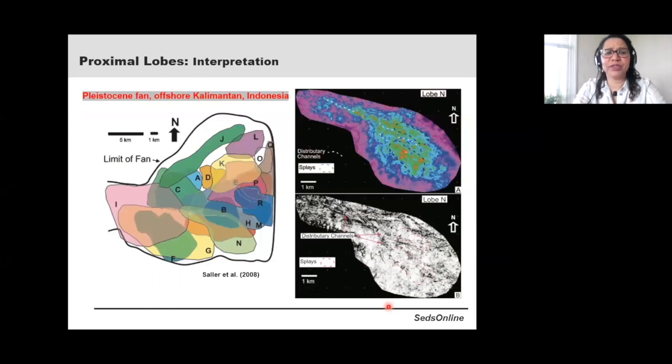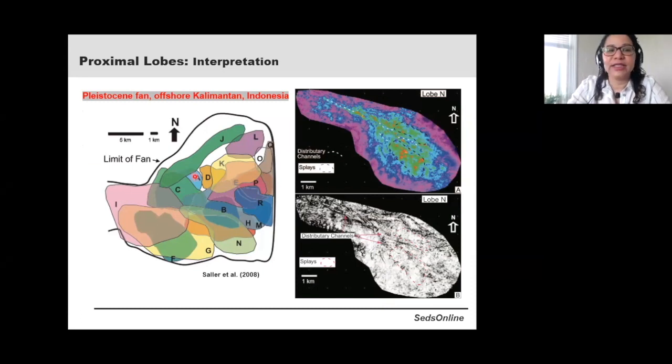So how do we interpret this? Well, it has already been recognized in other places that distributary channels are common in proximal lobes. And here I show you an example offshore Indonesia. In this case, we have a network of distributary channels, and they are thinning and ending into numerous sandstone-rich, sand-rich splays.